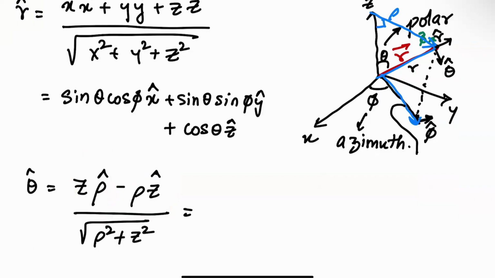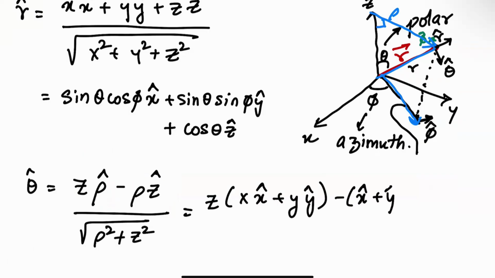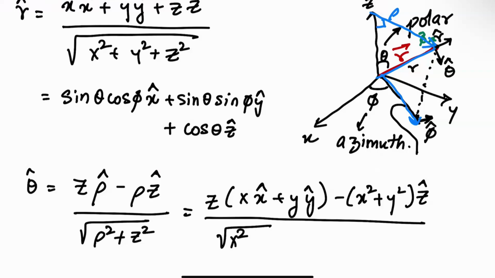We know what rho hat is in terms of x hat and y hat. So this is nothing but z times (x hat plus y hat) minus (x squared plus y squared) z hat, divided by square root of x squared plus y squared times square root of x squared plus y squared plus z squared.